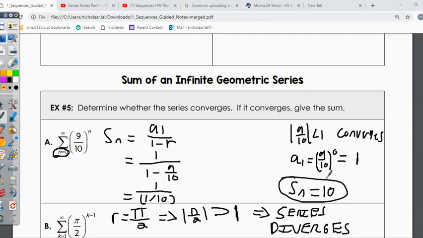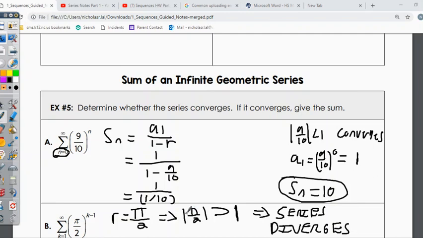Any questions thus far? Please, if you have questions, I want you to ask them. Because pi, remember, is about 3.14, and 3.14 divided by 2 is still going to be bigger than 1.